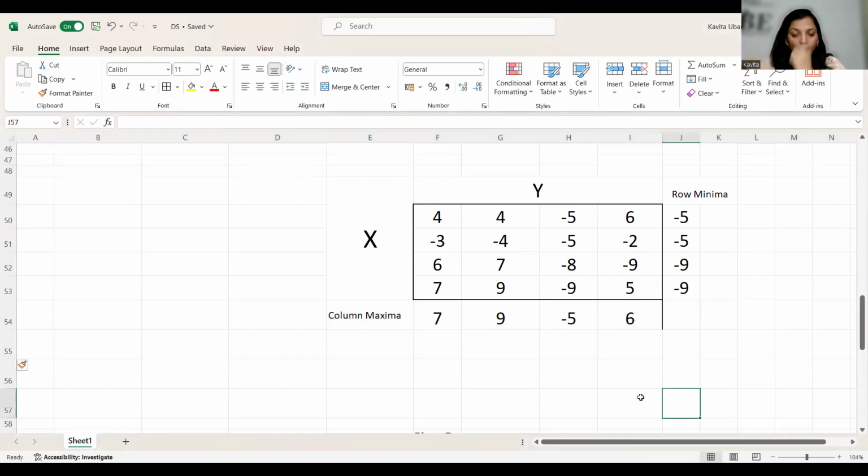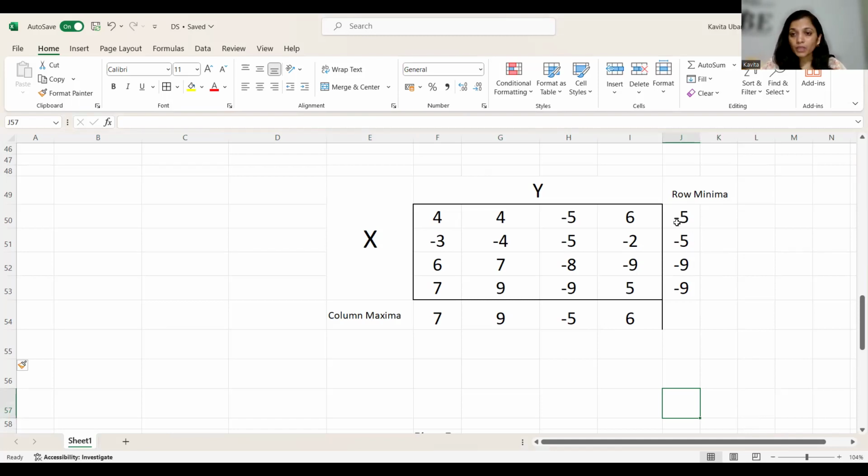Now, how do we calculate the saddle point? A saddle point is nothing but a cell where the row minima and column maxima values are the same. That intersection point of the row and column having the same minima or maxima is called a saddle point.